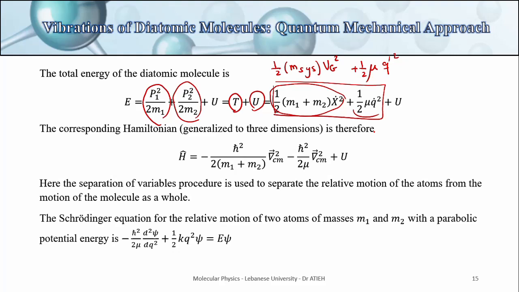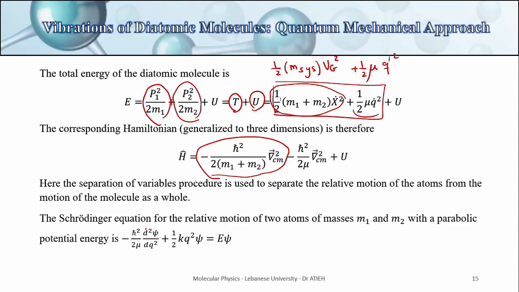So if we want to write the Hamiltonian, we may write the Hamiltonian in this way. And by this, we are able to separate the relative motion of the atoms from the motion of the molecule as a whole. So what we have done here is that we have replaced half m1 plus m2 x prime squared with minus h bar squared over 2 m1 m2 nabla squared of the center of mass.